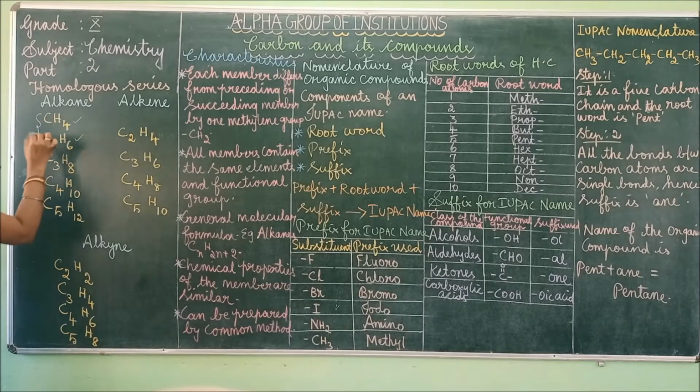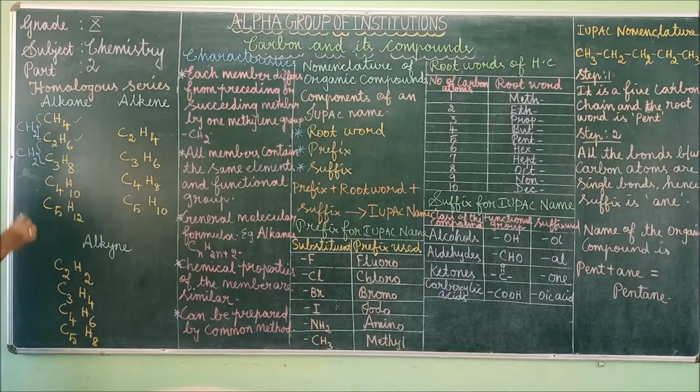If you take these two, methane and ethane, there is a difference of 1 carbon atom, and also a difference of 2 hydrogen atoms, isn't it? So now CH2. If you take ethane and propane, there is again a difference of 1 carbon atom and 2 hydrogen atoms, CH2.